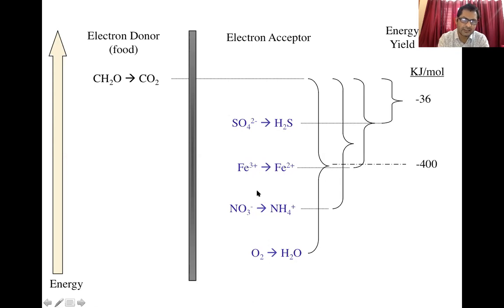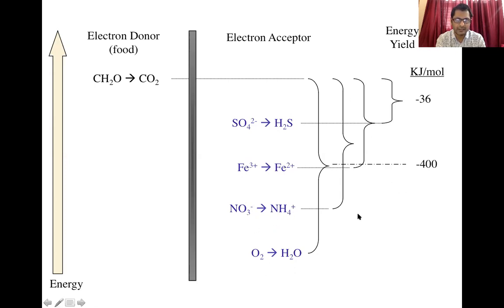These are different electron acceptors this time, right? In these different electron acceptors, oxygen is this one, which we don't want to use right now, because we are studying the anaerobic organism. Then comes the nitrate, which is very close to oxygen.